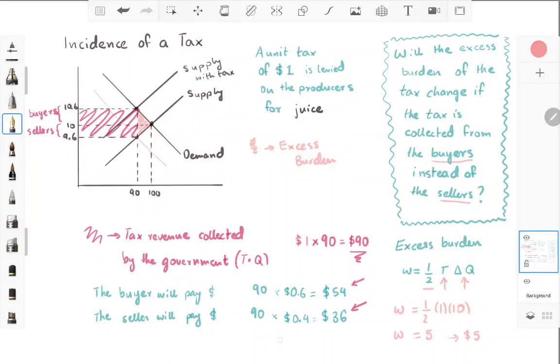And so when we try to calculate the excess burden again, we'll notice that we'll end up with the same result. So no, the excess burden does not change when you collect the tax from the buyers instead of the sellers.